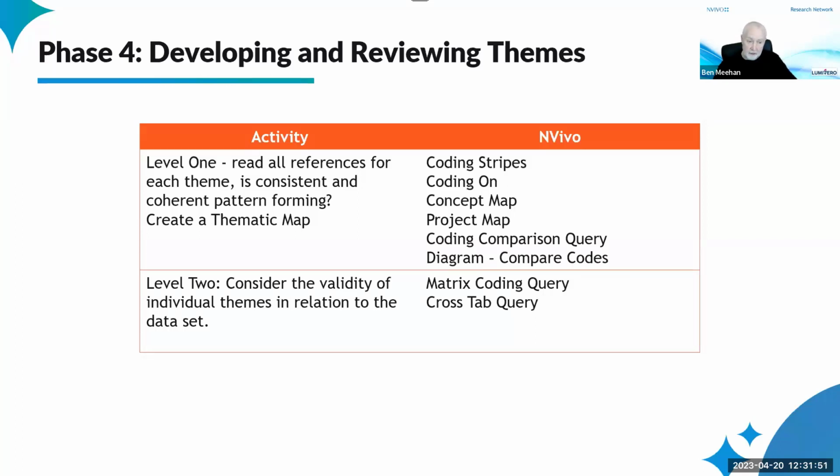So there's a thing here called a coding comparison query, which I want to just quickly talk about. I'm not going to demonstrate a coding comparison query in NVivo because it would need quite a bit of explanation in terms of how it works, Kappa's coefficient, and the pros and cons of it. So most definitely, it's something we would have to do a separate session on, or you might send us an email. We would have webinars and videos on it.